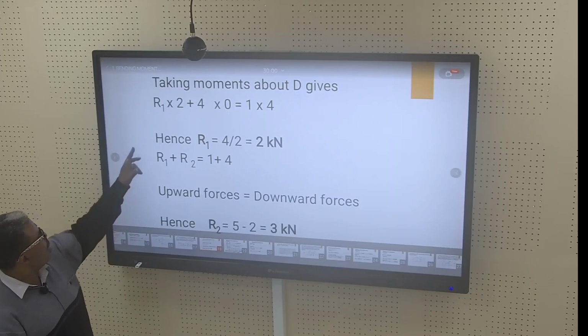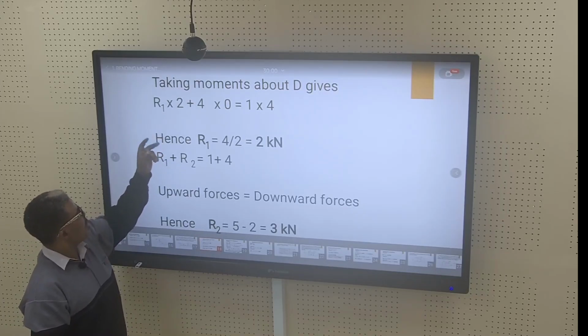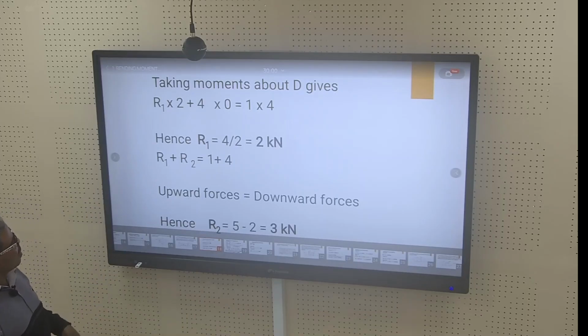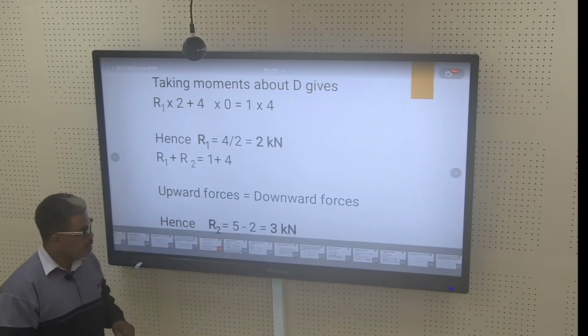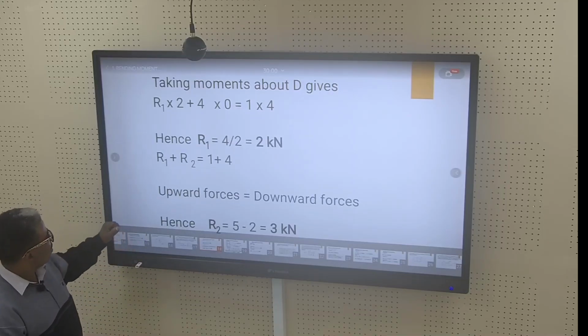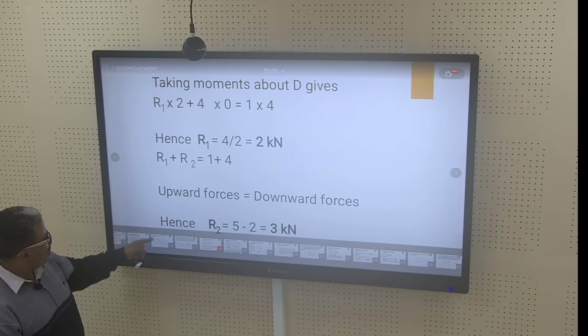Because here we have R1 times 2, it becomes 2 R1, there is 4. So making R1 the subject in our expression, it becomes 2 kilonewton. Using the second principle of moment, that is R1 plus R2 is equal to 5, you can determine now the value for R2, which is 3 kilonewton.